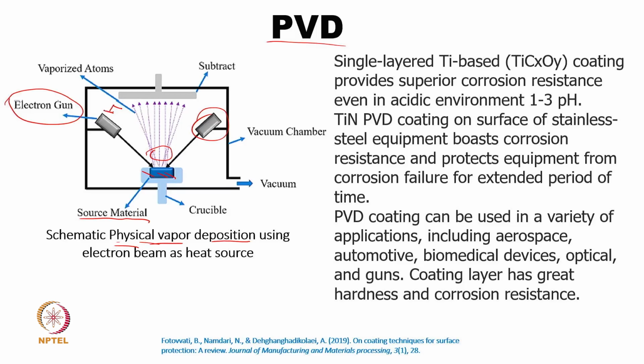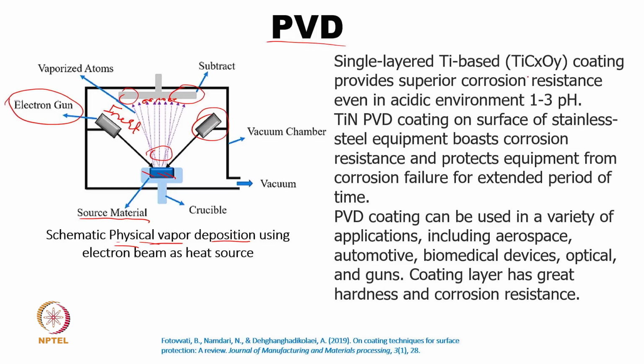So an inert gas environment will be there, and there will be some flow, and these vaporized atoms will go to the substrate and form a coating. Then we need to iterate, so the perfect coating can come on the substrate.